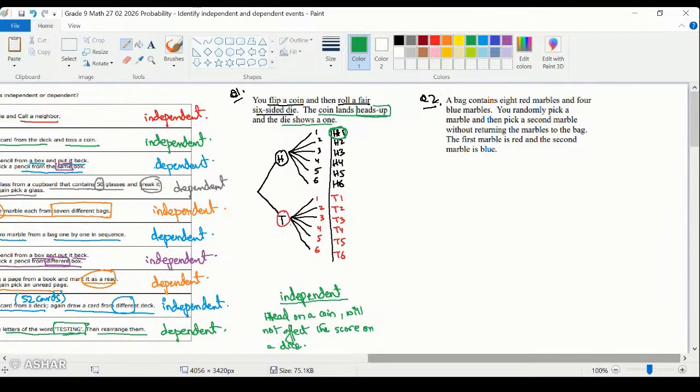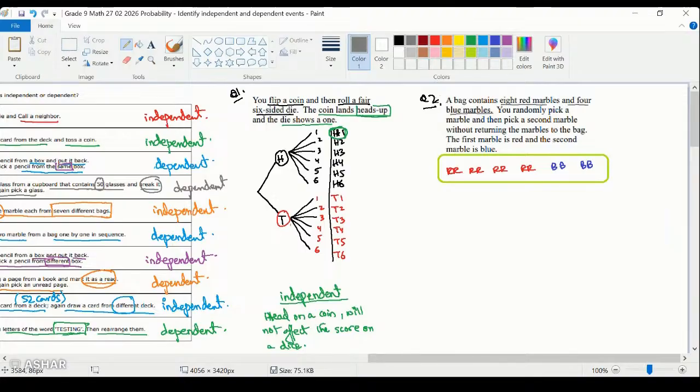Let's look further. A bag contains 8 red marbles and 4 blue marbles. Let's try doing that. 8 reds and 4 blue. Okay, I'm just writing in pairs of 2. If this is our given bag, eight red, 4 blue marbles.